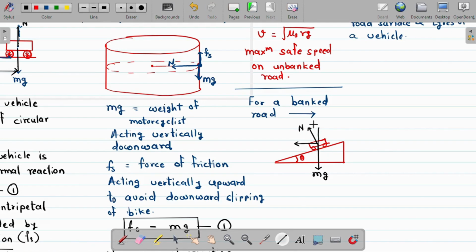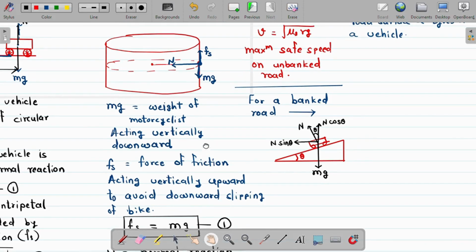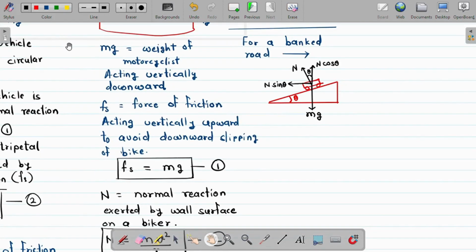Now, by doing the geometry we come to know this angle is also theta. So this one is the adjacent side, this component becomes n cos theta, and this other one will obviously be n sin theta.